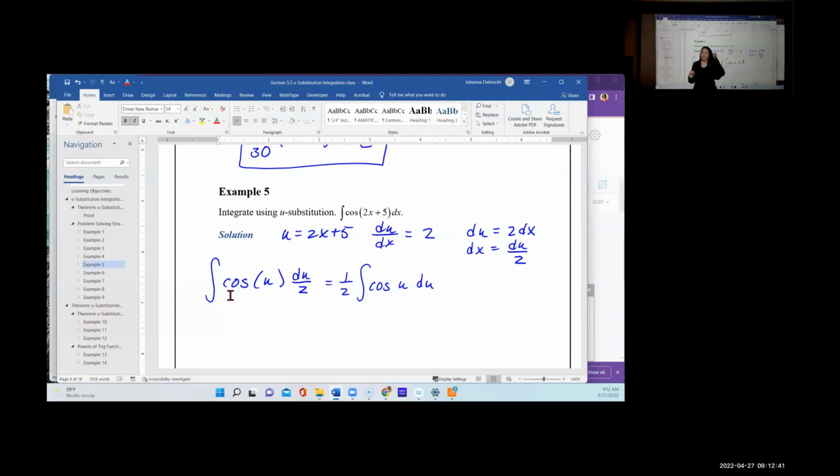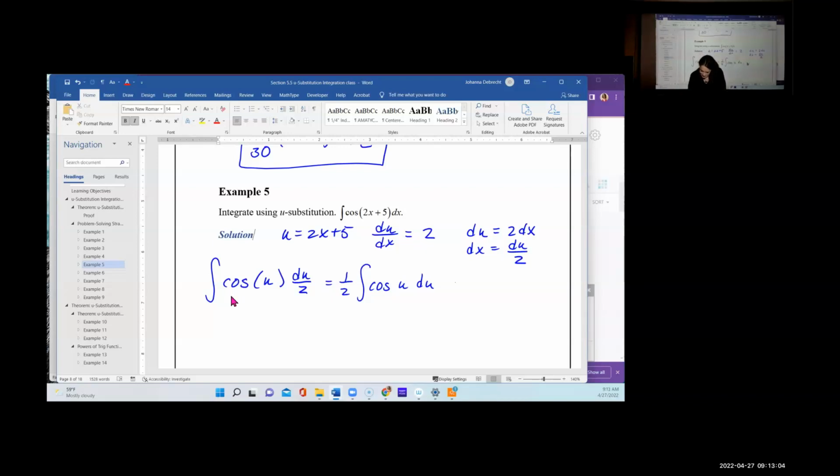Now remember that the cosine came after the derivative was done. So you're looking for the antiderivative. You're looking for something that when you take the derivative of it, you get cosine. So that would be sine. Fine, thank you.